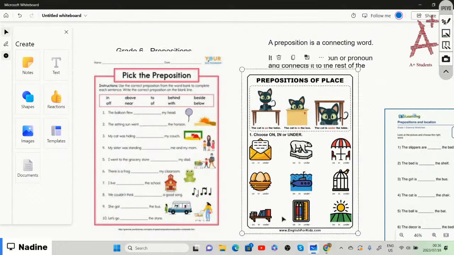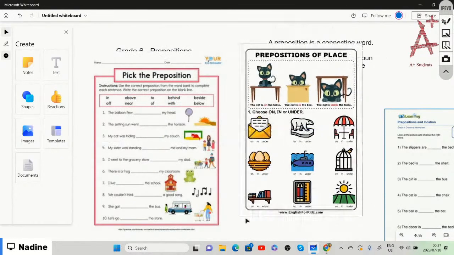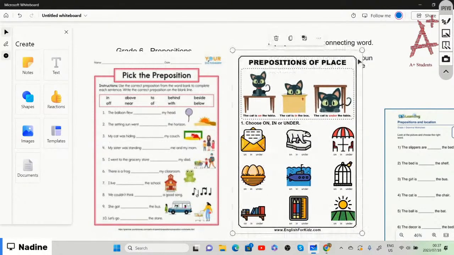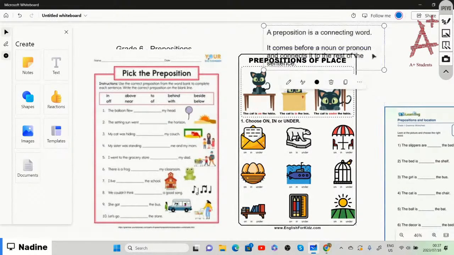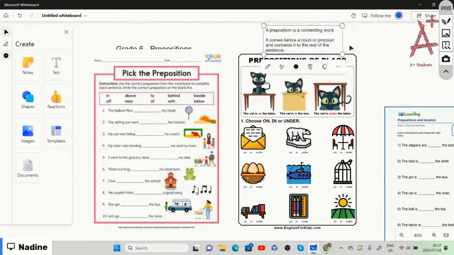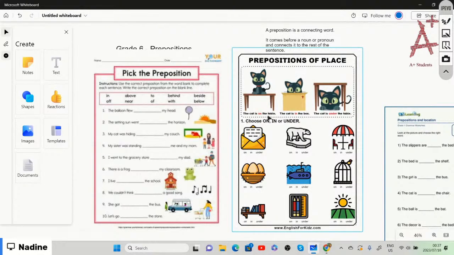All right, so now we select the prepositions of place within the sentence. In the sentences, it says, for example, the cat is on the table, which means that on tells us about the place that the cat is taking.